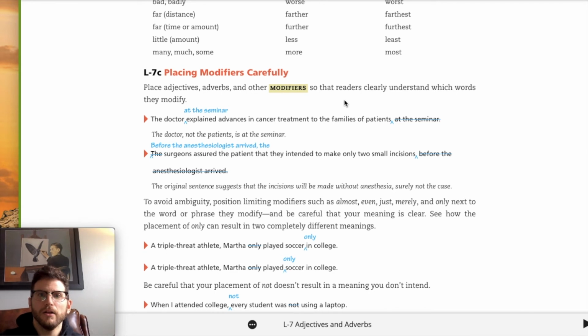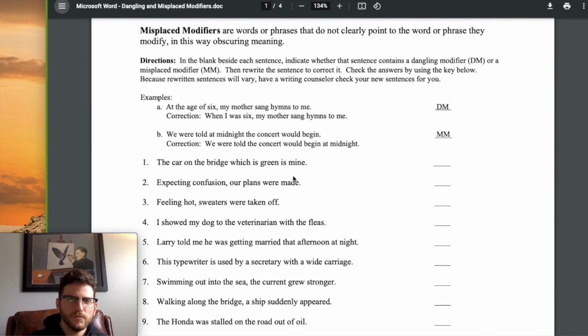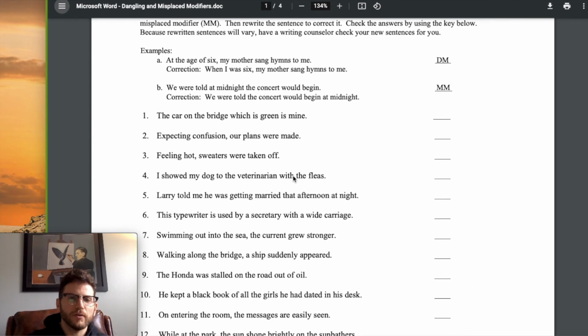Okay. All right. Let's look at a couple of sentences. I'm going to do a couple of these with you, and then I want to have you do them down below. So we've got a couple of sentences here, and in some of the cases you've got a dangling modifier, and in other cases you've got a misplaced modifier. Okay.